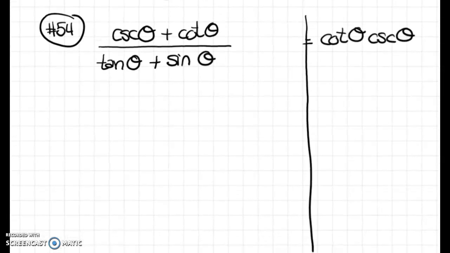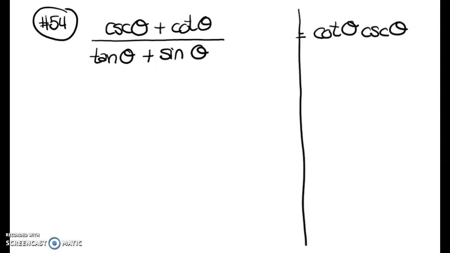All right, so how are we going to do this? I'm not really quite sure, but I think the left side looks a little bit more complicated than the right side. So one of the things we could do is change everything to sine and cosine and see if that helps. Let's try that.